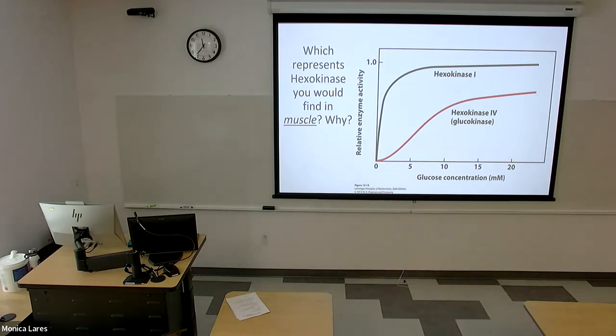The isozymes catalyze the same reaction, but they might have a couple of different amino acids in their sequence that allow for these differences. You can guess that hexokinase 1 has a binding site for glucose 6-phosphate to inhibit it, whereas hexokinase 4, also known as glucokinase, does not have that regulatory site on the enzyme surface.